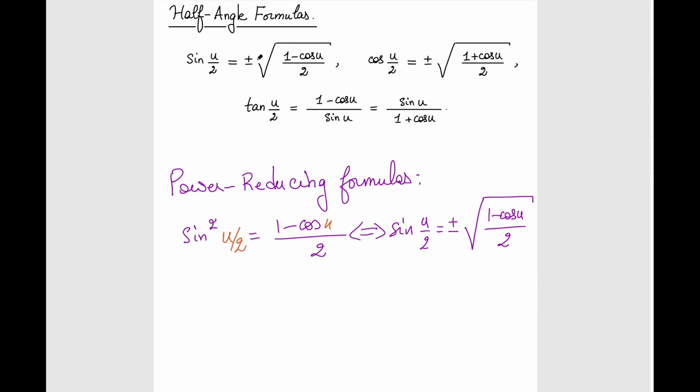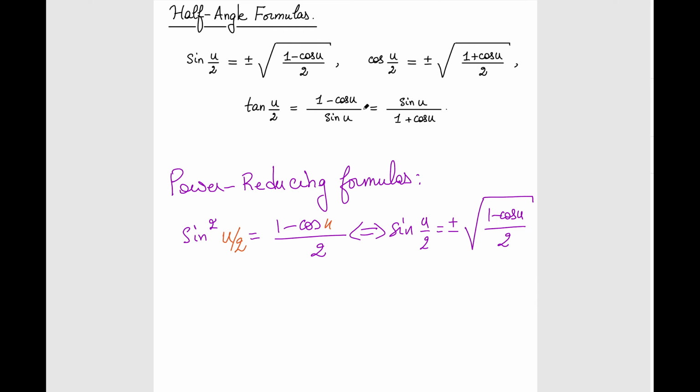So this is the formula here. And cosine of u over 2 equals plus or minus square root of 1 plus cosine u divided by 2, that's also going to come from the power reducing formula for cosine. Again, by replacing the x in the power reducing formula by u over 2, it's the same discussion, we get that. Again, the plus and minus are determined by where u over 2 lives.